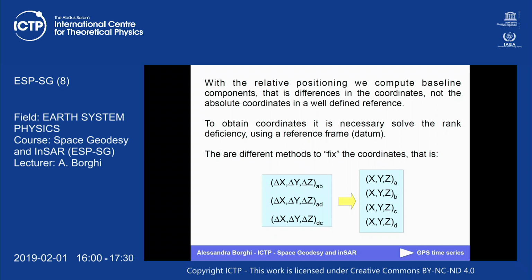I know the relative distance between one point and another point, but we don't know where it is in space, how it is fixed, how it is rotated. We have just the relative position. So we know the dimension of this body, but it is free in space. Now we have to fix this in the reference system, a reference frame is better. So we have a problem of rank deficiency.